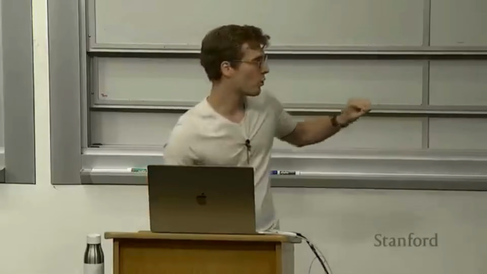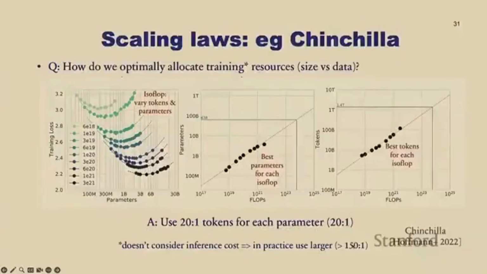So actually, if you consider the inference cost, other papers try to show that it's around 150 tokens per parameter, because you prefer having a smaller model, because over time you're going to spend less money on inference of these models. So 150 to 1, that's around what the best models are trained on right now, at least the ones that are used in practice in production.